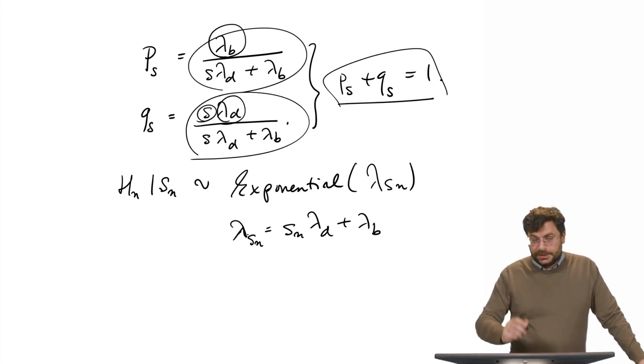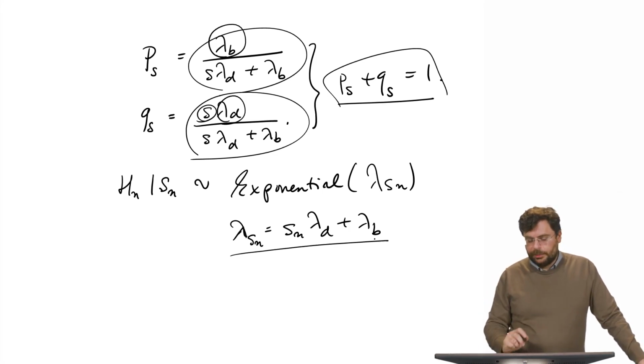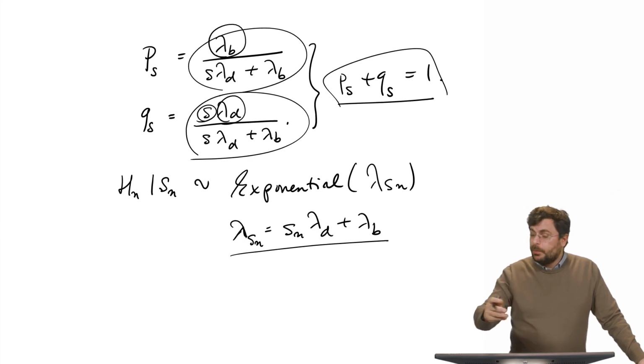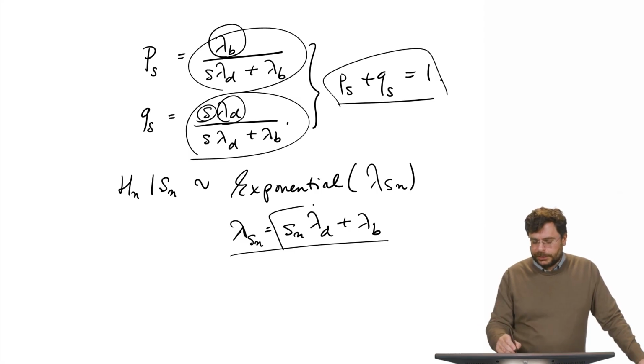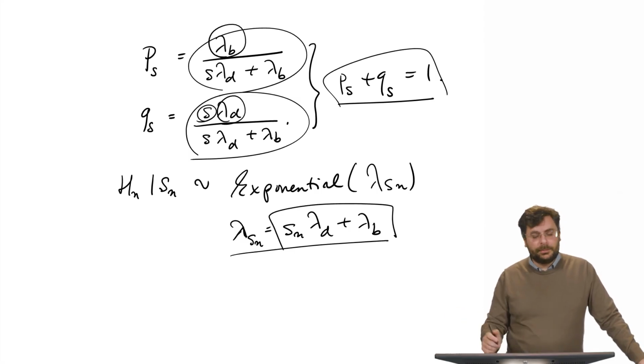And the derivations themselves follow from the following property: if I have multiple competing events, in order to find which of the events comes first, I find that the rate of the event that comes first is proportional to the sum of all of my competing events.